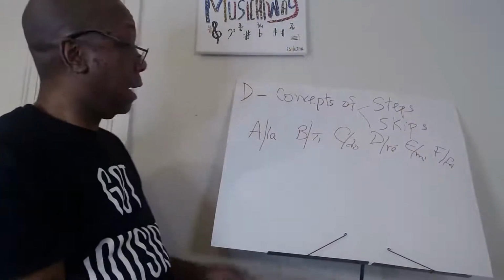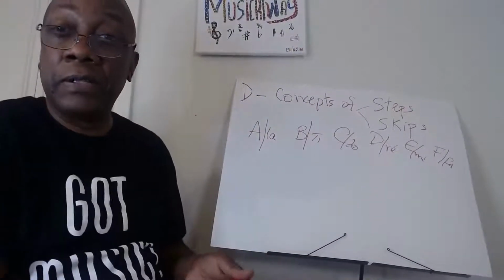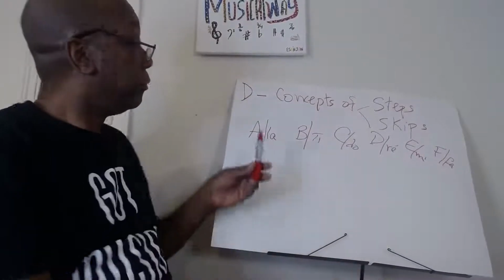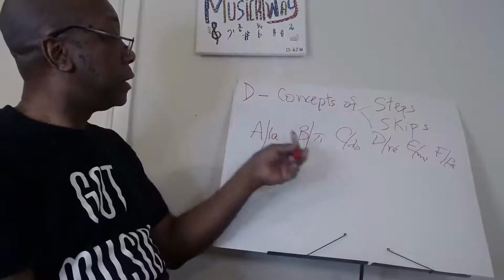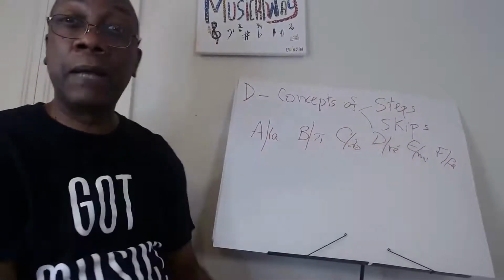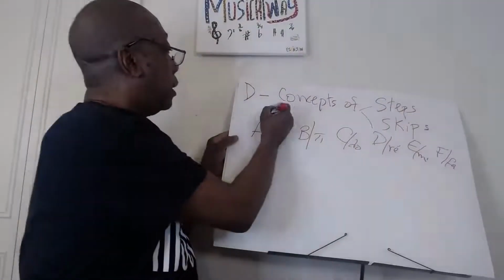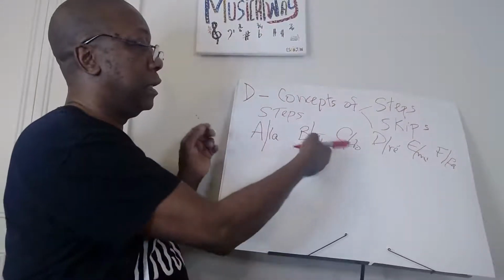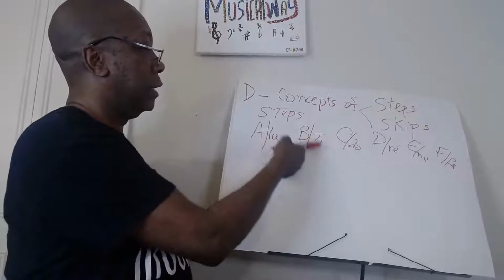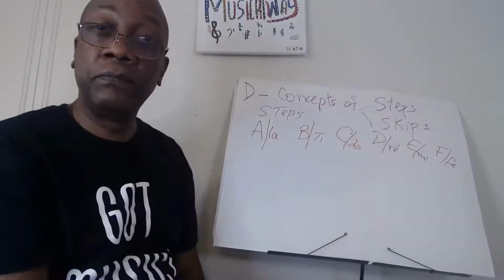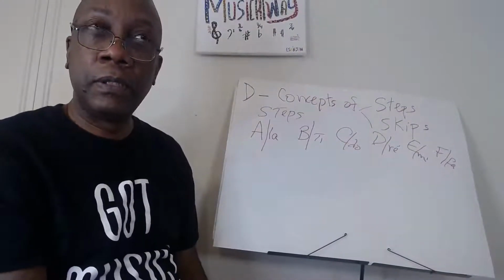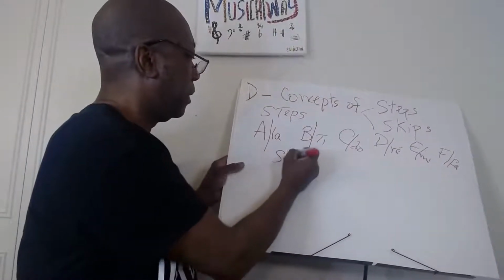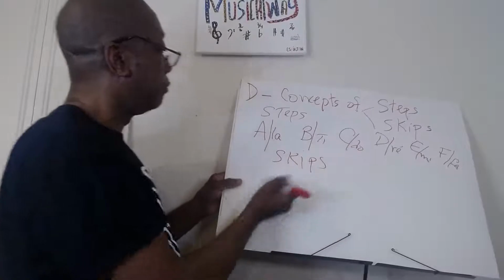Steps and skips. If I'm stepping, I don't skip, right? So I go A, B, C, D, E, F, G. I'm stepping, all the time steps. Steps: A, B, C, D, E, F, G. La, ti, do, re, mi, fa. So those are the steps. So for the skip, I have to skip one. Let's find out about the skips.